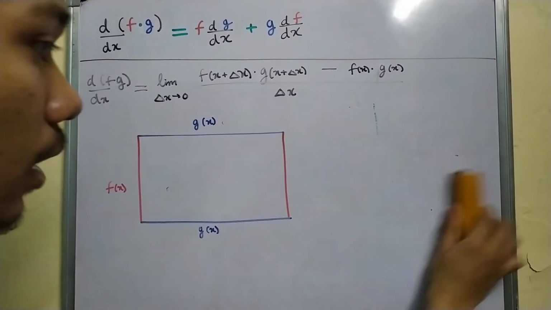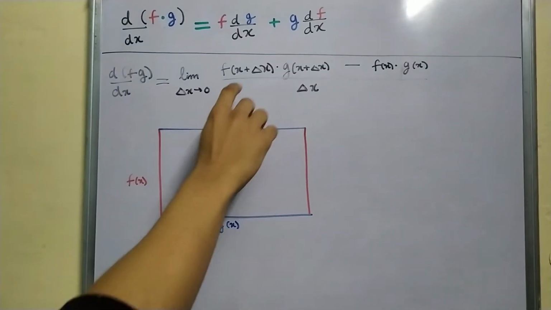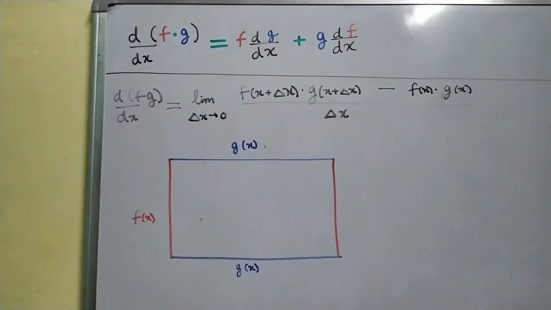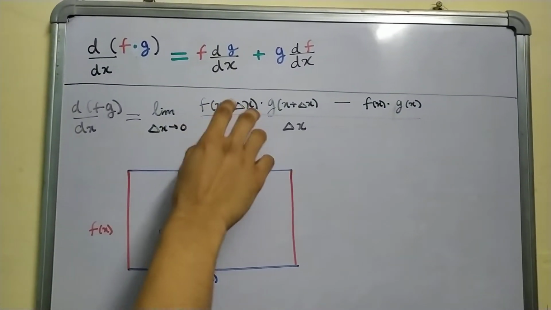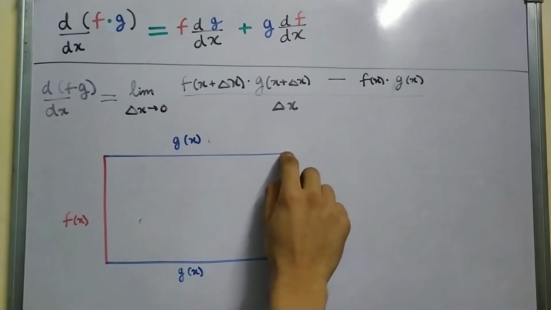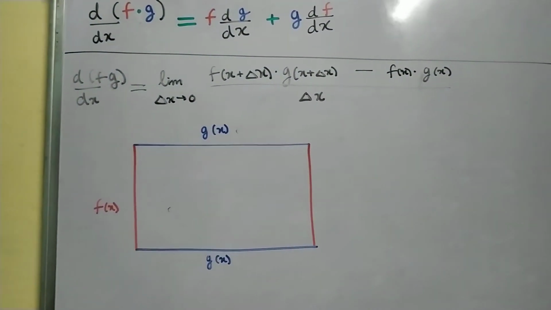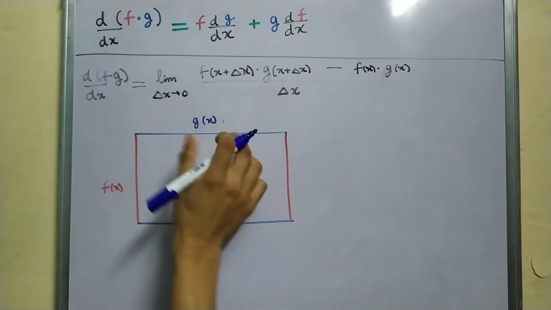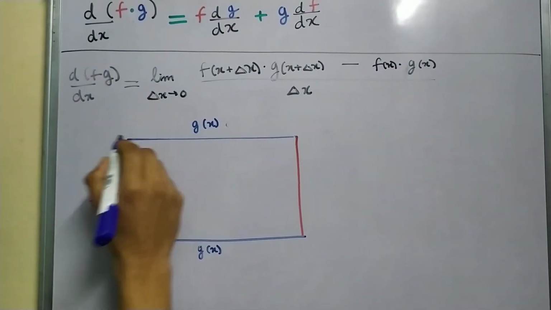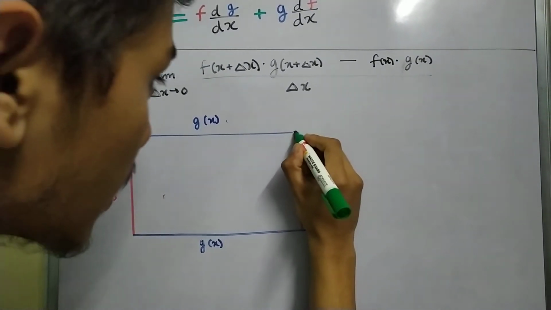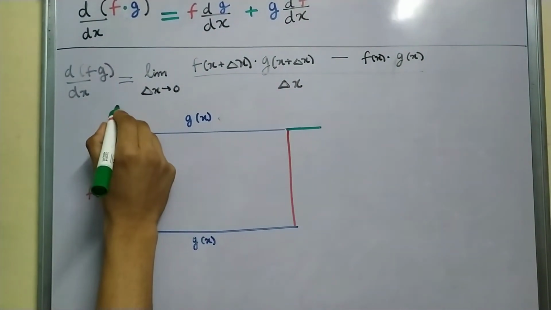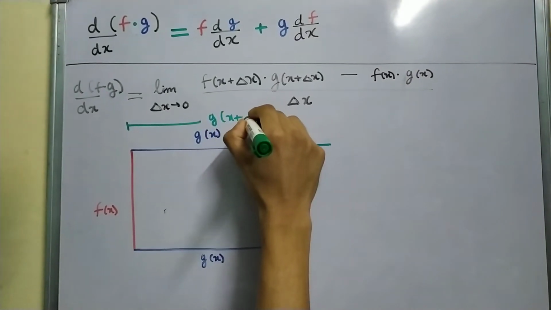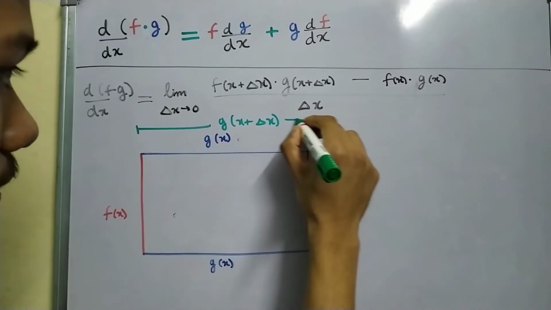Now we need to evaluate this quantity, f of x plus delta x times g of x plus delta x. So this will be another rectangle, okay, having a bigger size. So this is what it will look like. So you have g of x, and you extend this, so this total length will be g of x plus delta x.